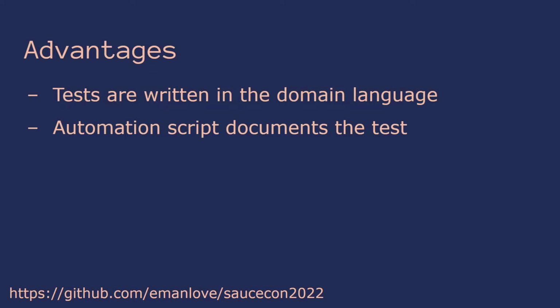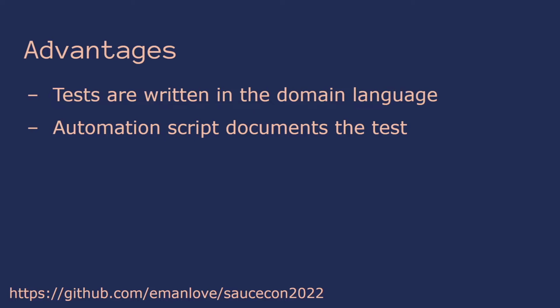Our advantages is that our tests are written in the domain language. So if you have a specialized domain where you've got a language that you've spoken within your office, Robot Framework is a really wonderful framework for this. It allows you to write your test cases just as you would be talking about the domain or the area of which you are working within.